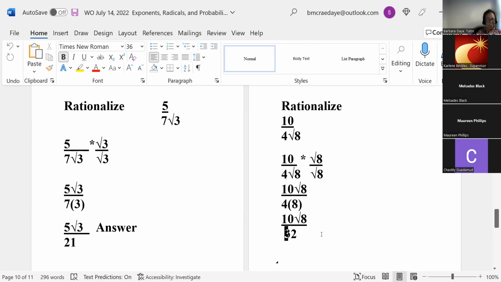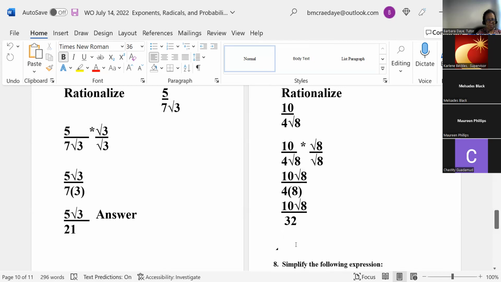So you divide square root of 4 and 8. No, you said it's not simplified. So what do you do to simplify it? Divide by what? By 8. By 2, by 4.